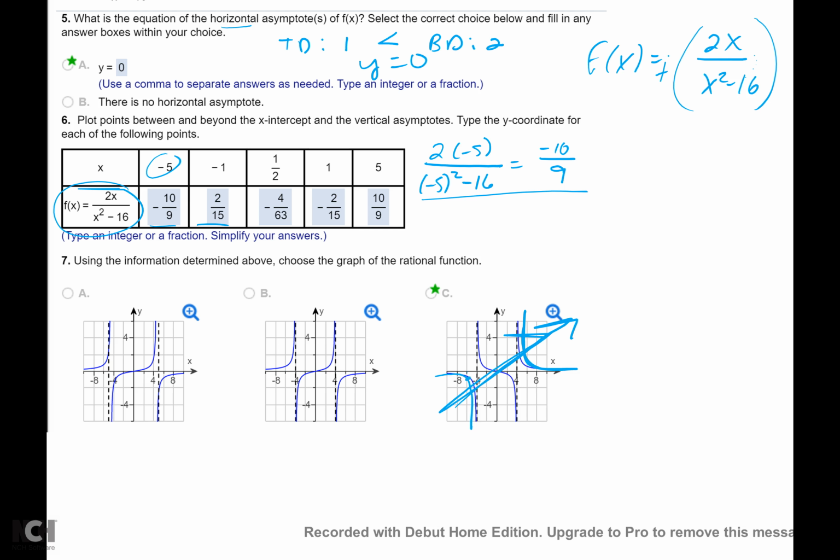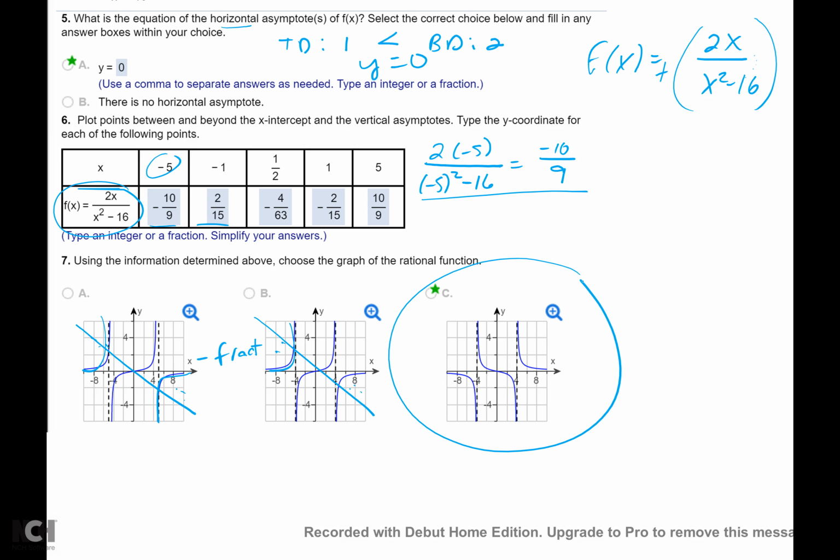If that fraction was negative, see how these boomerangs are reflecting this way? Okay, this would be when you have a negative fraction. Your boomerangs will reflect and go opposite. If you have a positive fraction and you're matching graphs just by eyeballs, in this case it was easy to pick because these two both would have to have a negative fraction to boomerang this way. So I know it's got to be C.